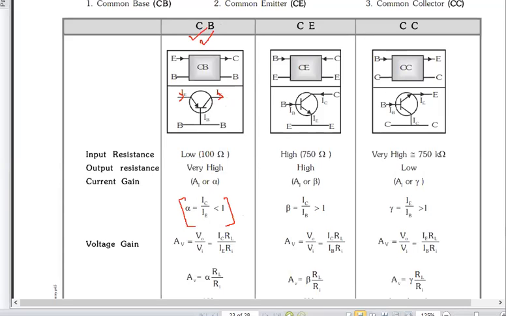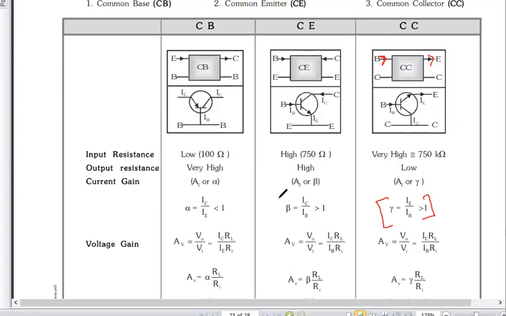Okay. Now, when we talk about common collector, base is your input and emitter is your output, right? The ratio is IE by IB. It is called some random variable, gamma. For example, here we have taken beta, so it is gamma. There's no reason why it is gamma, or why we have taken beta. It is just taken as a variable.